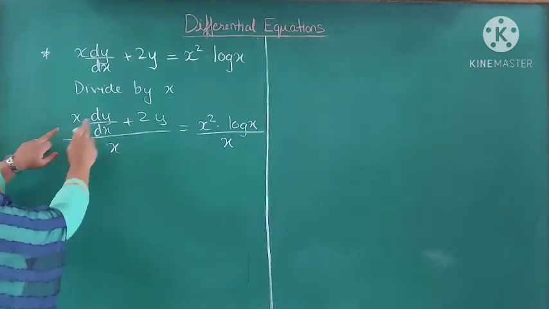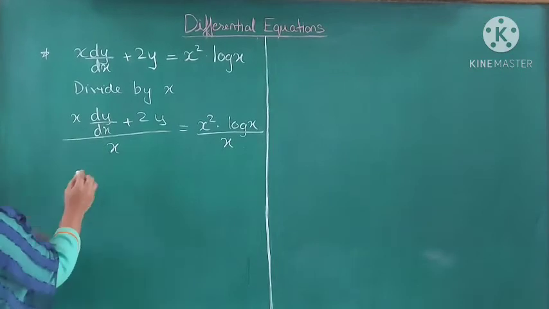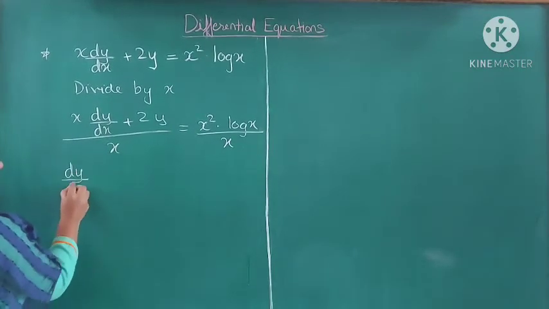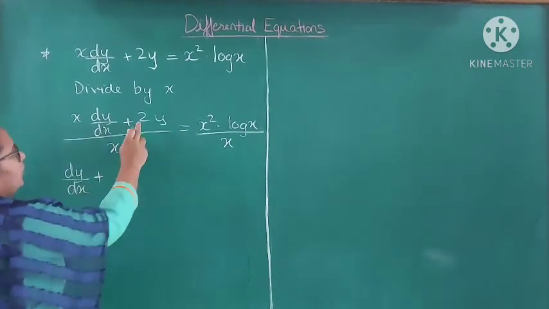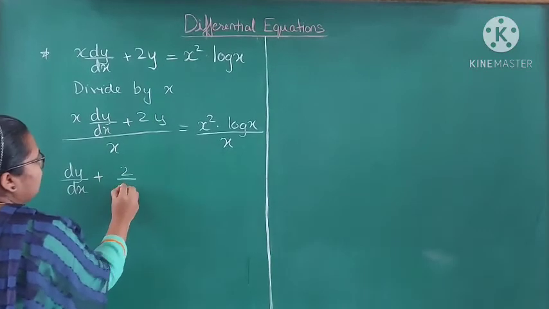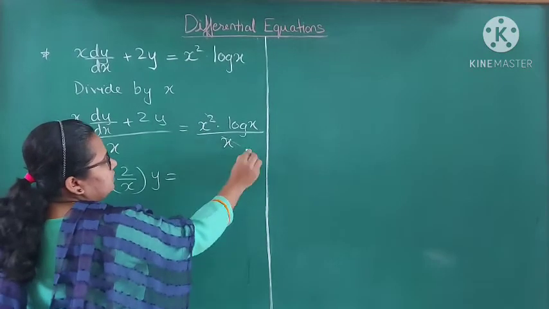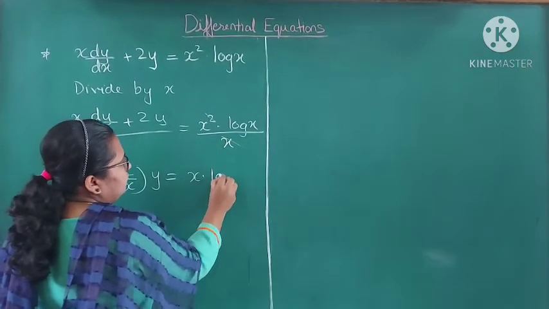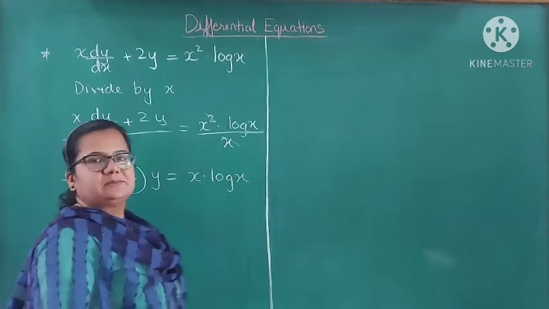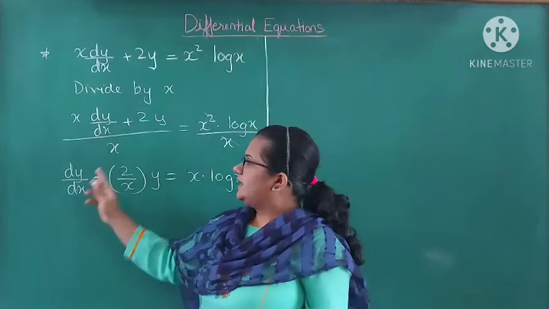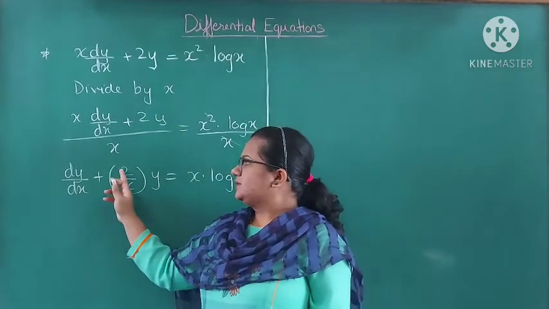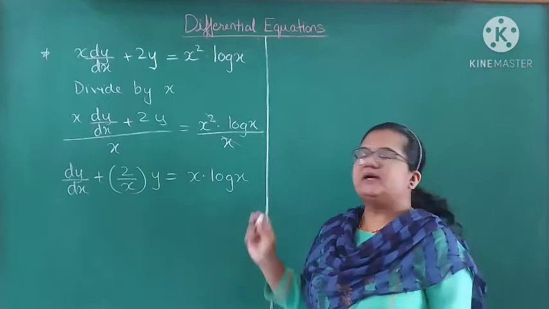So in x dy by dx upon x, this x will get cancelled, and you remain with dy by dx plus 2y upon x, so 2 upon x into y, is equal to x square by x, so x will get cancelled, and you have x into log x. So after dividing, the equation becomes dy by dx plus 2 upon x into y equal to x log x.